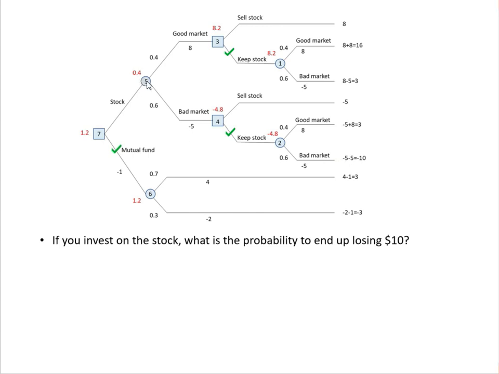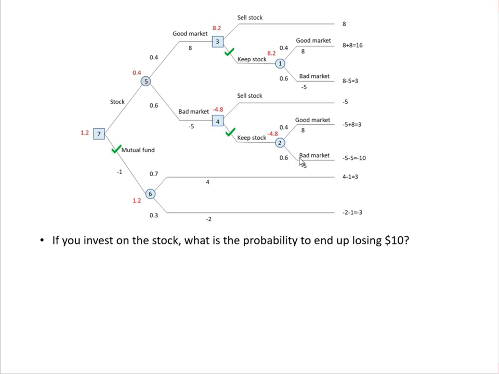So let's see. How do you get there? Well, first, the market needs to be bad. So that's 0.6 of probability. Okay, once the market is bad, which is 0.6 probability, you would choose to keep the stock ending up here. And then you need to have another bad market, which is another 0.6 probability. Okay, so you need two things. First, market is bad first time.